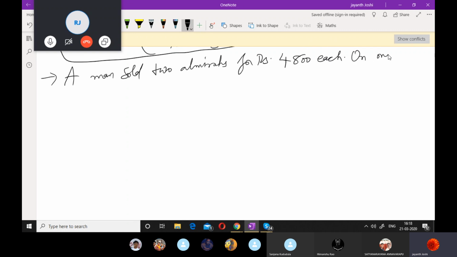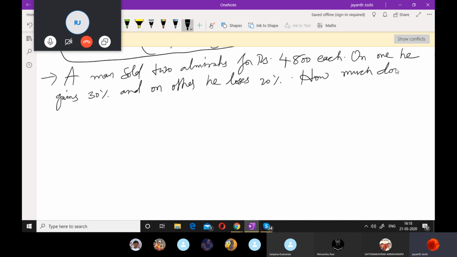On one, he gains 30%, and on the other, he loses 20%. So how much does he gain or lose in the whole transaction?